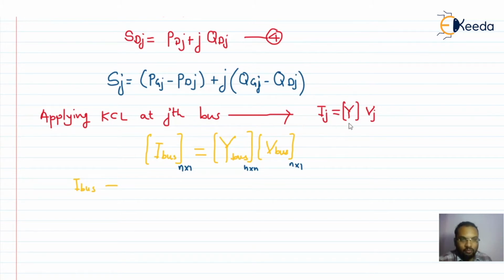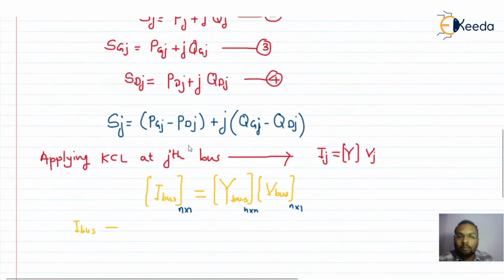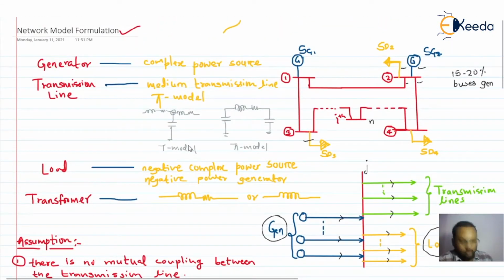In general, by using this equation, I can write a general mathematical model for this given complete power system. Here, n, small n, denotes the number of buses.